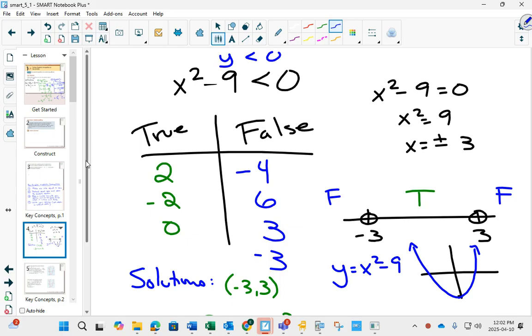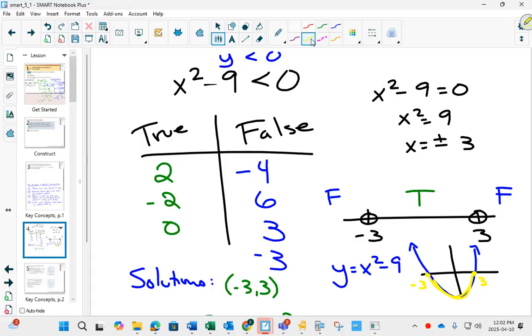Y is equal to x squared minus 9. Where are your y values less than 0? And you can see that on your graph, right? Here's minus 3, and here's 3. And all of this section here is where your y values are less than 0. So you can also use your graph to figure out false, true, false as well.